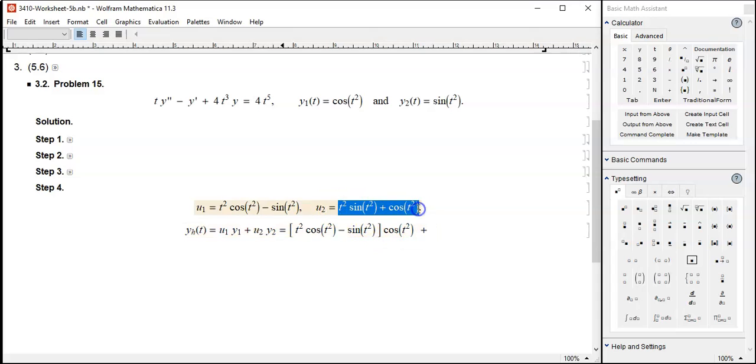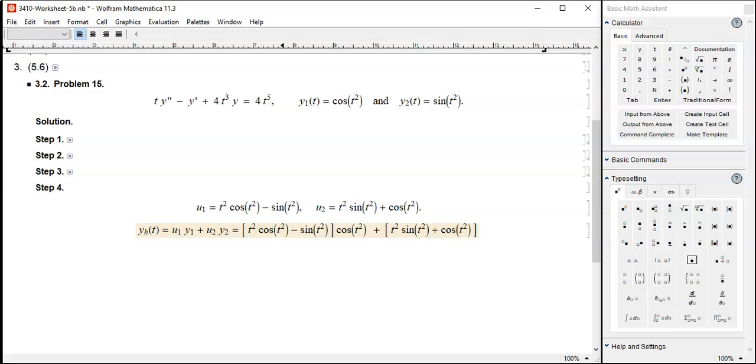This is u2. And then here is y2. Let's put some spaces in between so that I can read a little more easily. Okay, so there goes a particular solution.